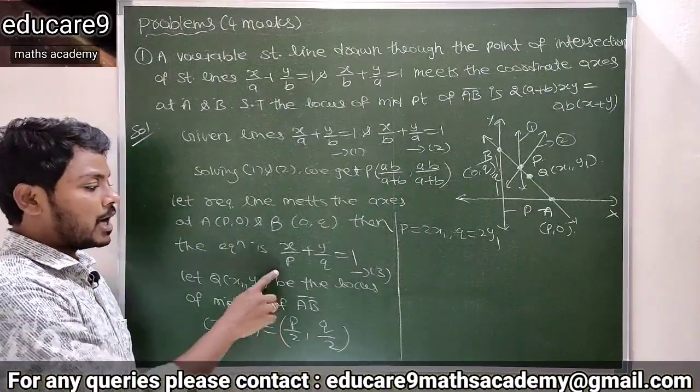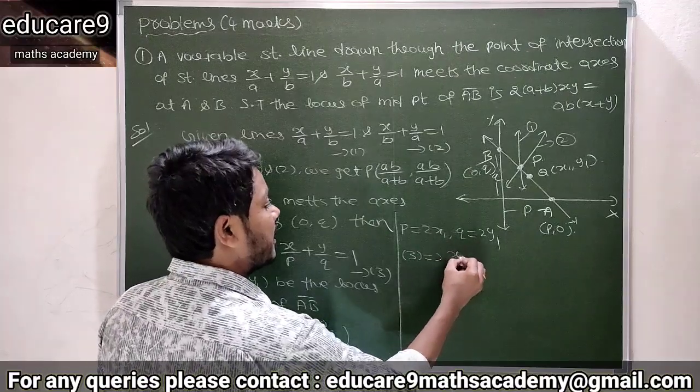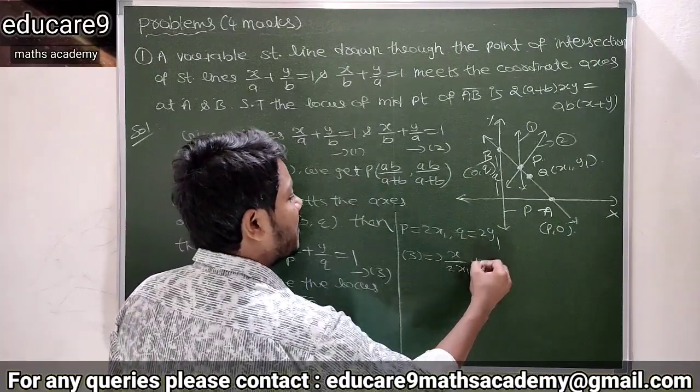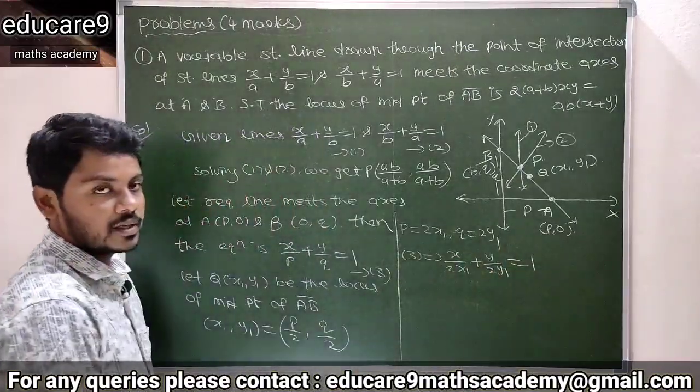Substitute p, q in equation 3. Equation 3 implies x/(2x1) + y/(2y1) = 1.